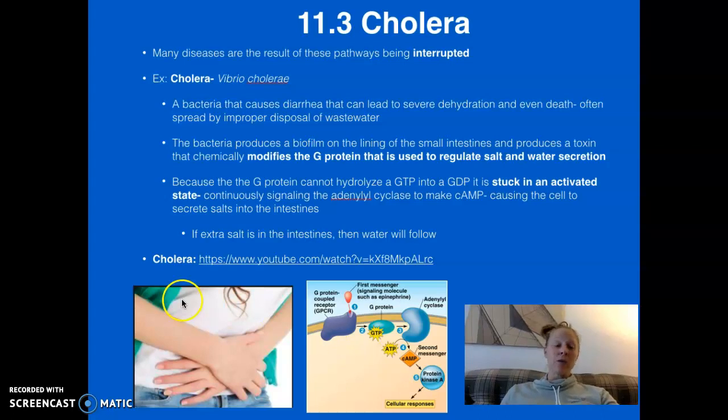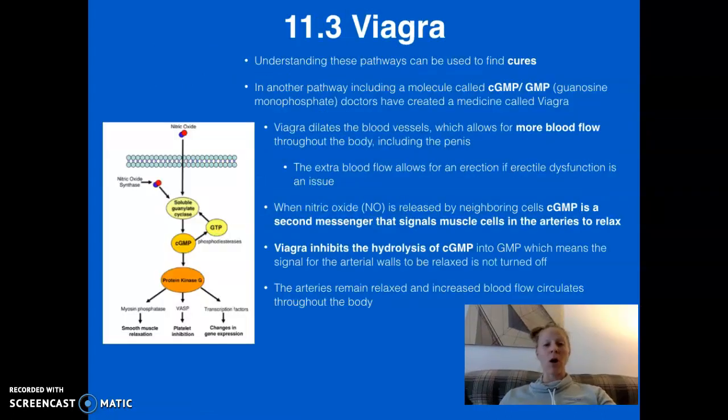Let's look at how using these pathways can help solve problems. Viagra is a medicine that uses second messenger cyclic GMP, or guanosine monophosphate. And so here's our pathway right here.